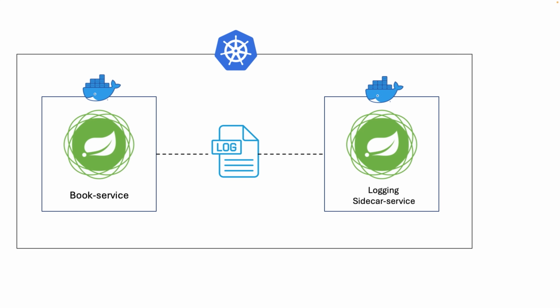I am using Kubernetes, but in a real world scenario with Kubernetes, you might use a service mesh like Istio or Linkerd to manage the sidecar pattern more effectively. I think we have got a good understanding of the sidecar pattern. So let's get started on implementing this scenario in action.